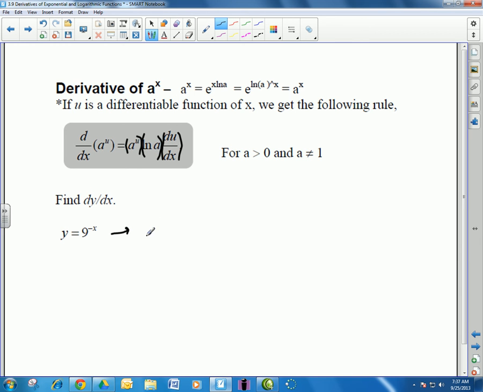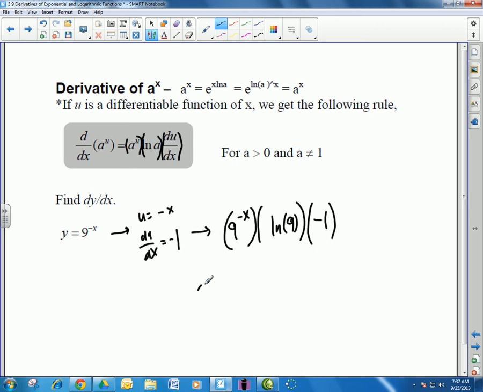Okay, so if we look at this, your u part is negative x, and the derivative of that is negative 1. Now your a is 9, so it's going to be 9 to the negative x times the natural log of your base, which is 9, times the derivative of your exponent, which is just what we have here, negative 1.